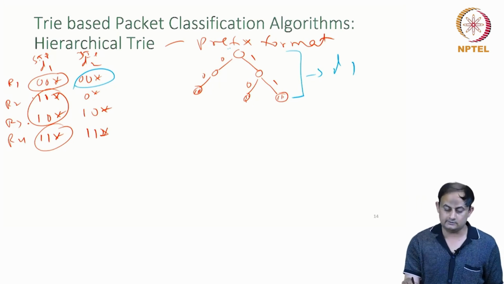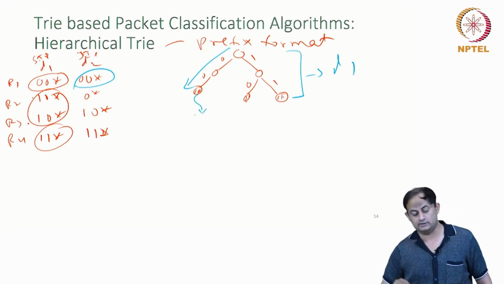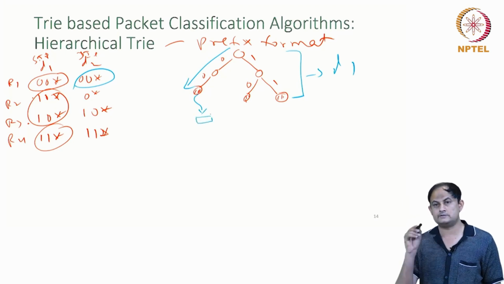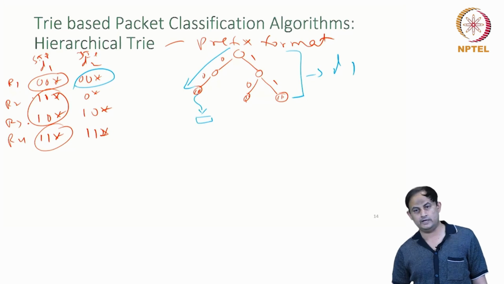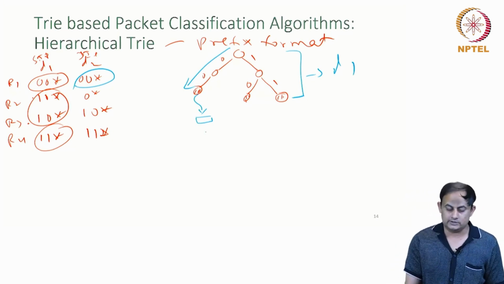That is the chain from here to here. What I am going to do here is add a link. This is a no cost link, or you can think of it as a dummy link, and go to a node which is the root node for the second dimension binary trie, and construct the trie. So this is 00 star.